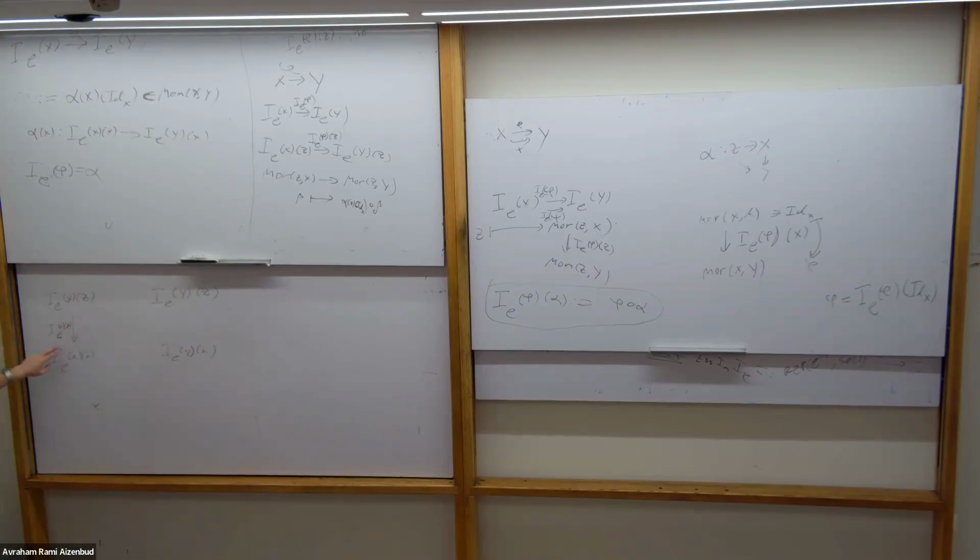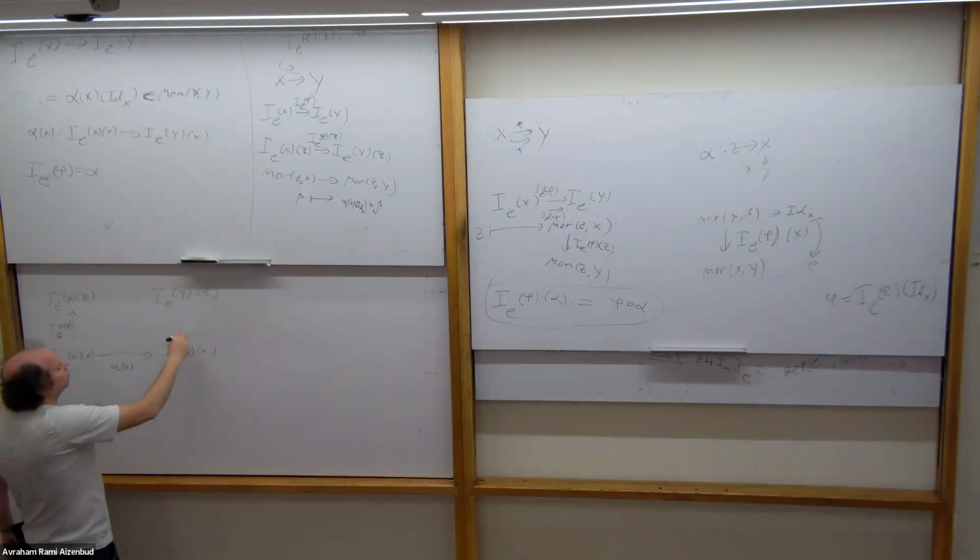Here we need to remember that IC is contravariant, not a functor, it's a contravariant functor. So here we have a map like this. And here, what do we have? The map coming from alpha. Alpha of X.